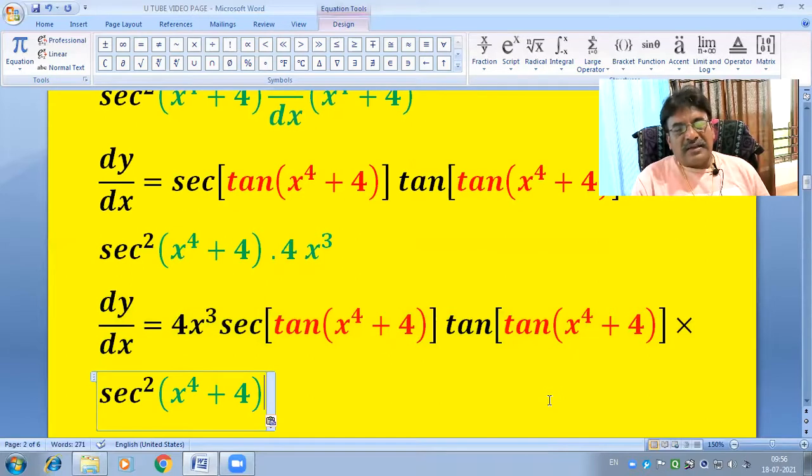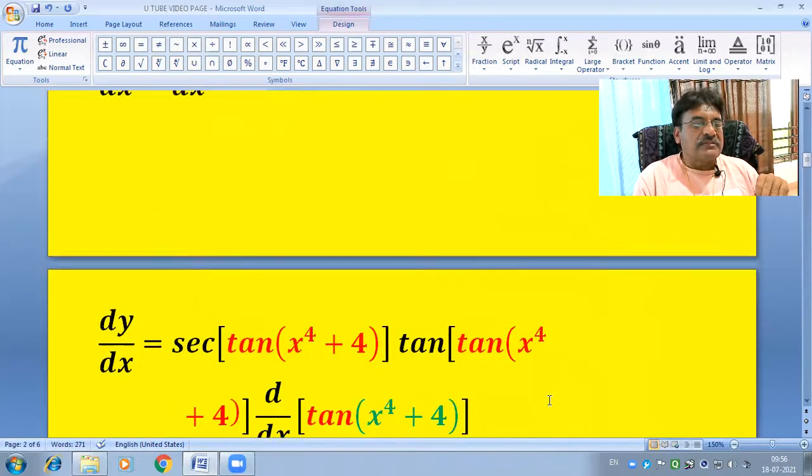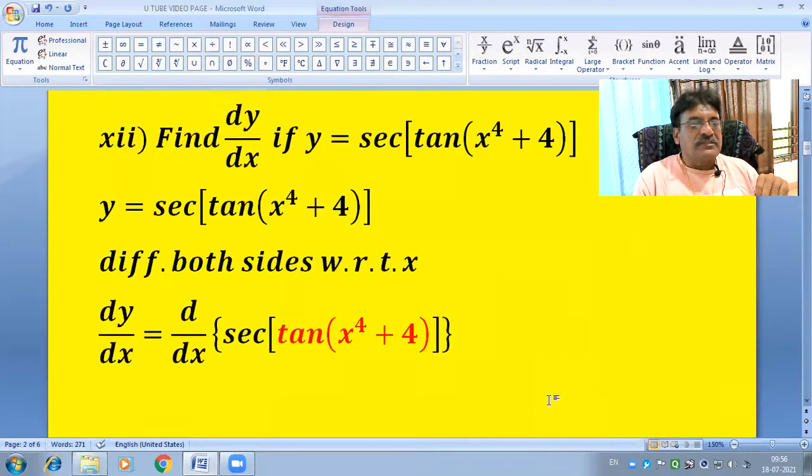And this is the required derivative of the given function y equals sec of tan of x to the power 4 plus 4.